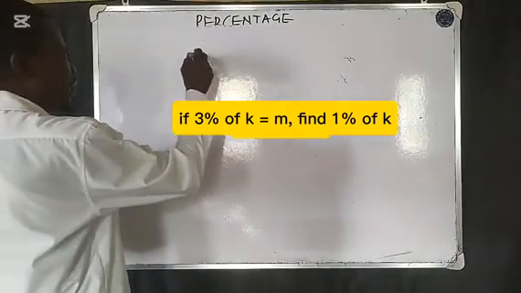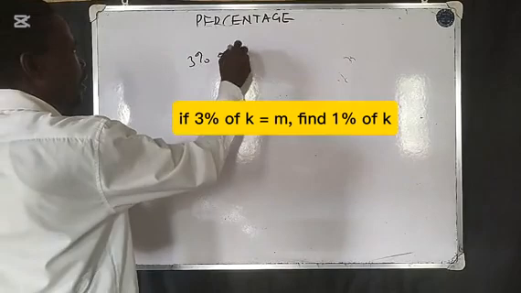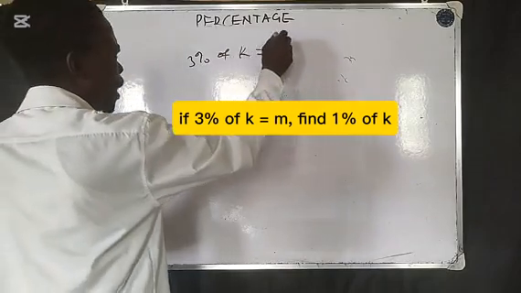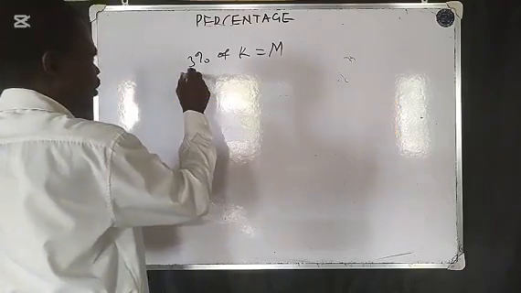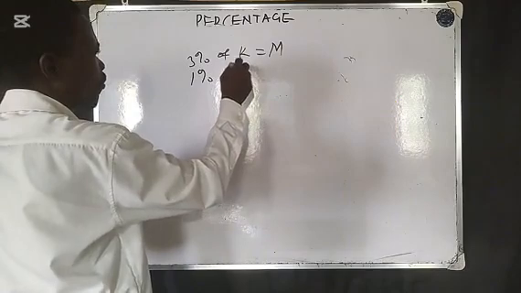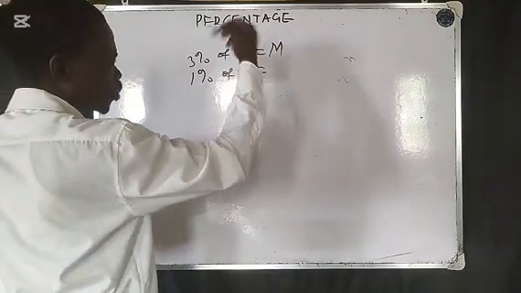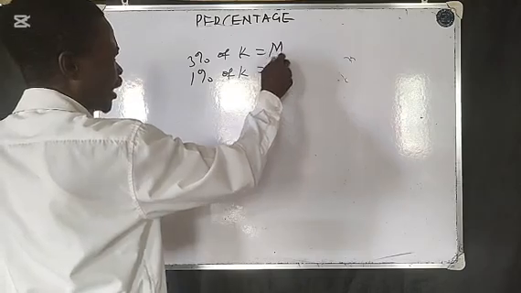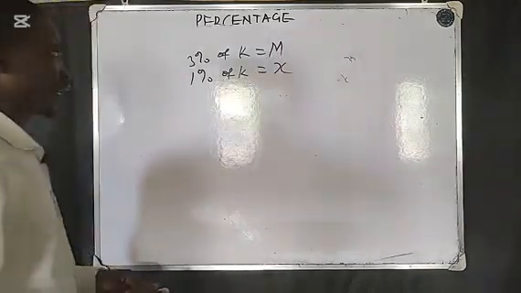If 3% of K equals M, then 1% of K equals something. They say we should find it. Let's call that X, right? All we just do now is to cross multiply.